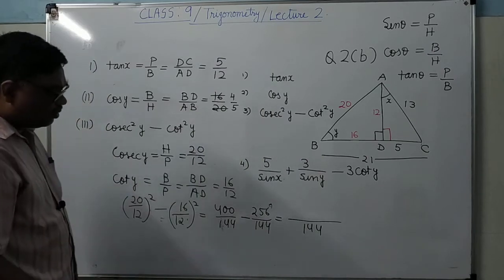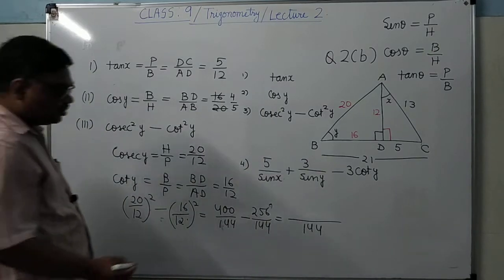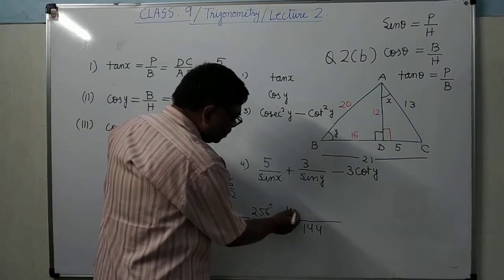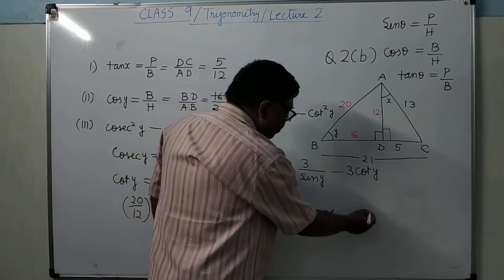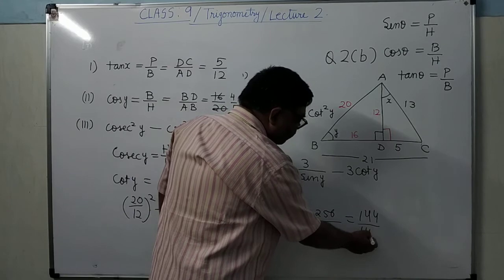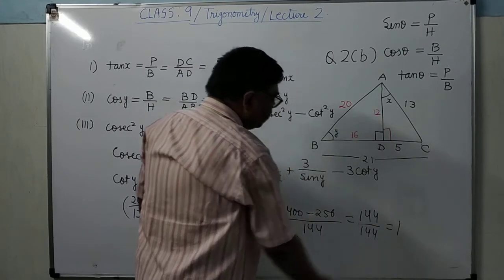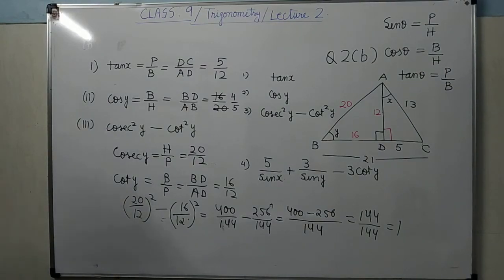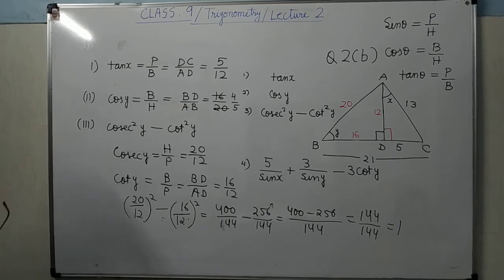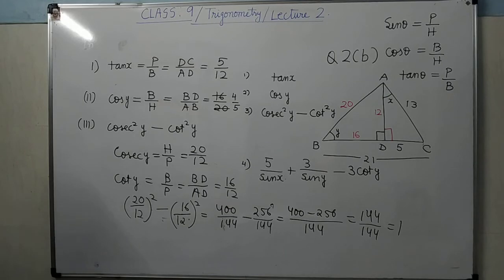So 400 minus 256, that is 144 upon 144, equals 1. Means first you determine cosec y, then you determine cot y, and then you substitute in this. So when you simplify, it comes out equal to 1.